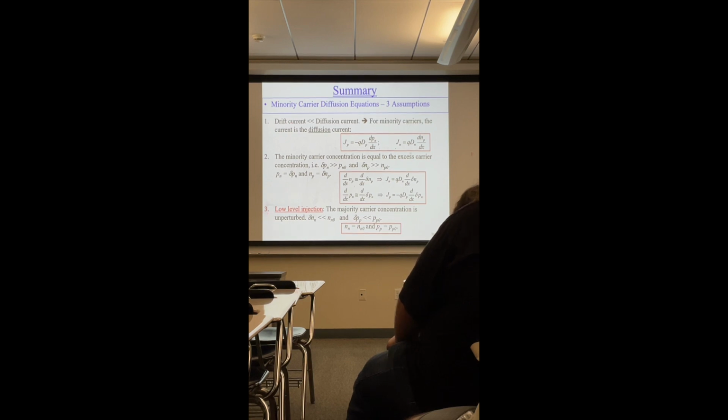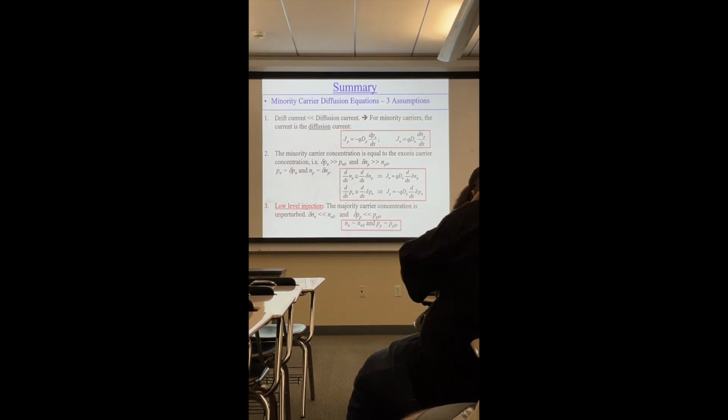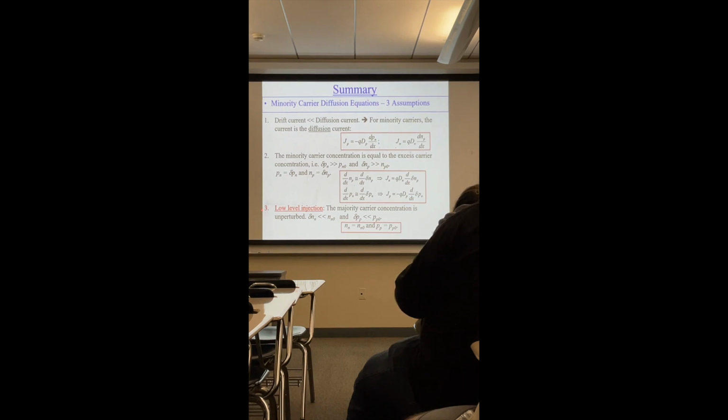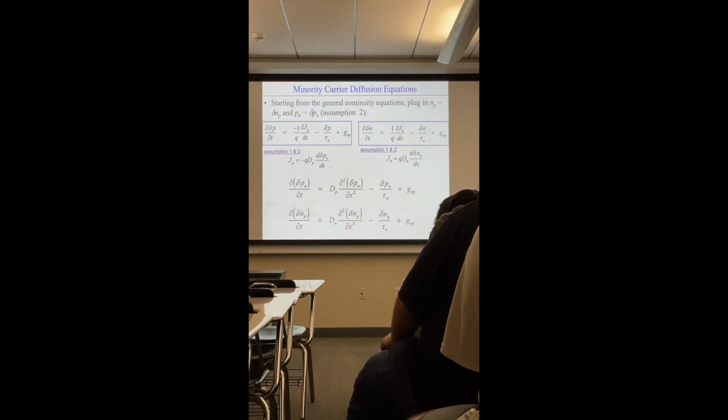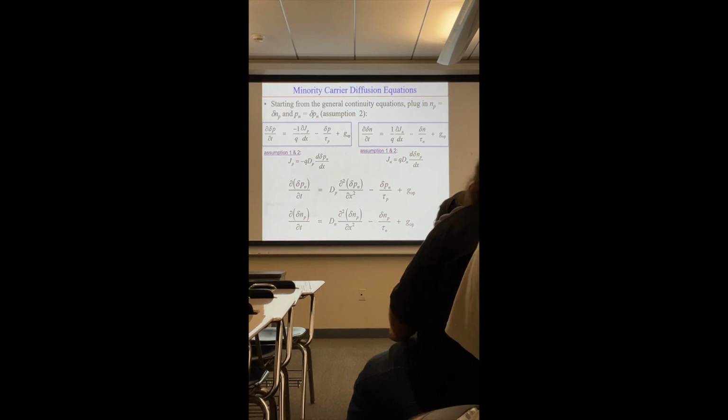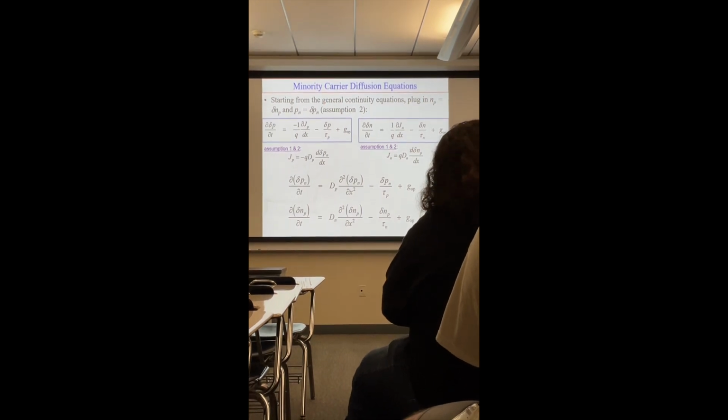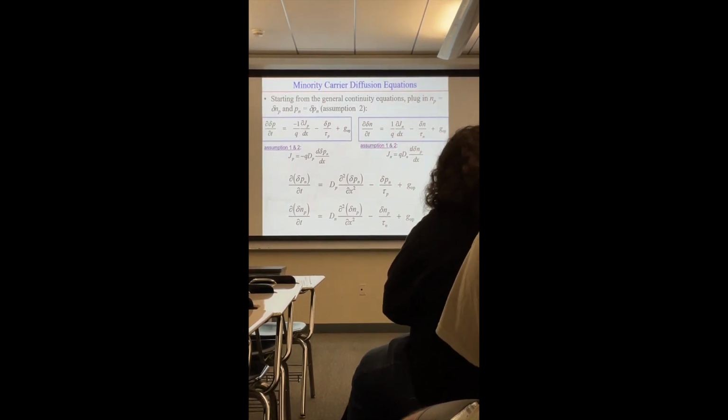Make sure you understand the low-level injection. We will definitely have a question in the midterm exam. Make sure you understand whether the system is in low-level injection or not. And then we get these minority carrier diffusion equations.